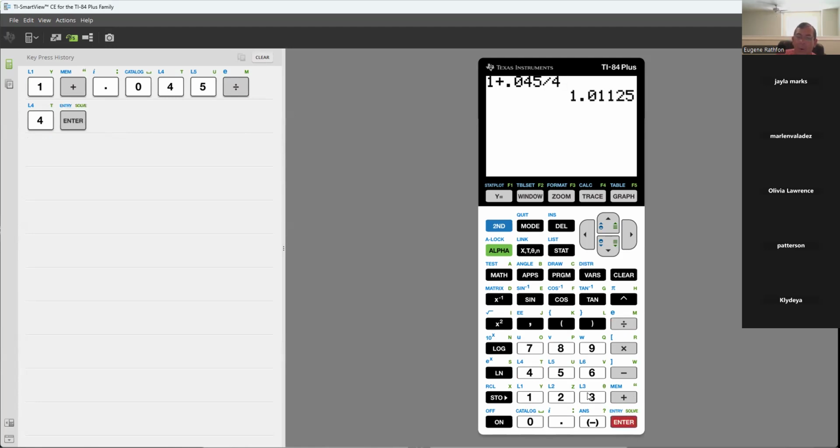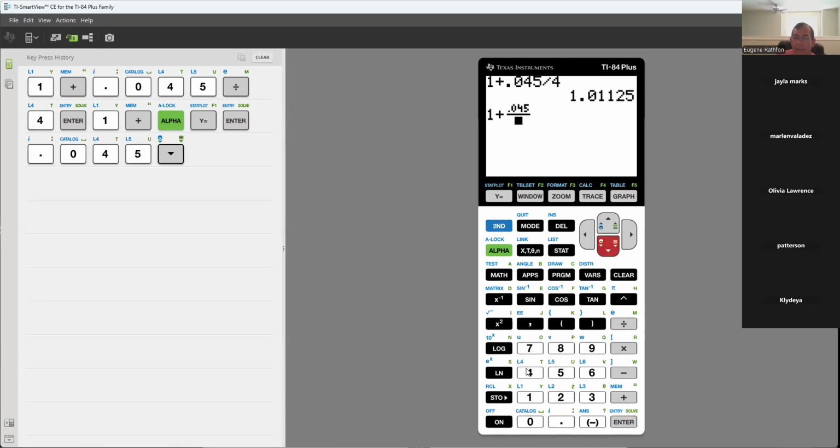And enter. Or you could do this 1 plus alpha y equals enter for your fraction. And you can do 0.045 over 4. Either way, y'all, okay? So it wants that in there, 1.01125.